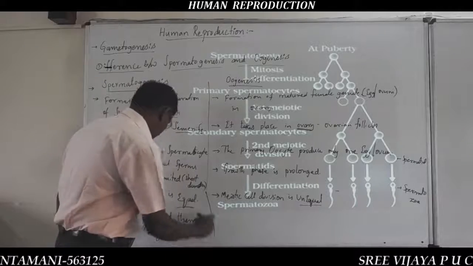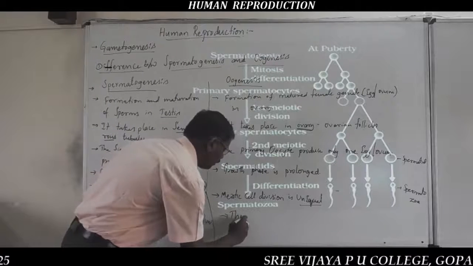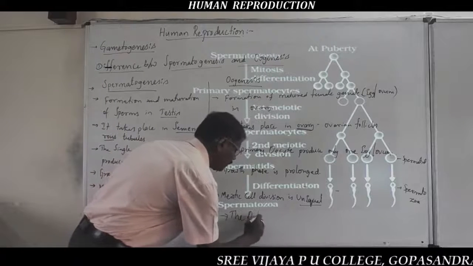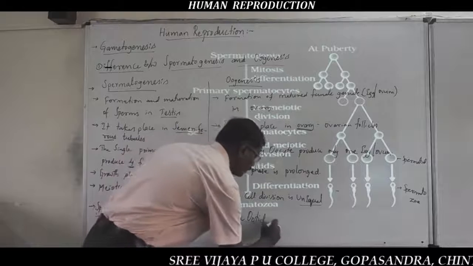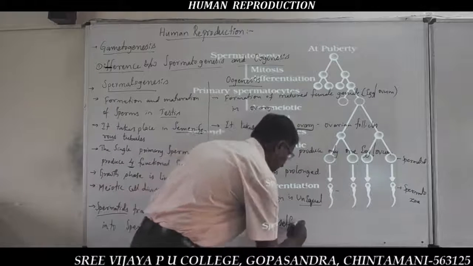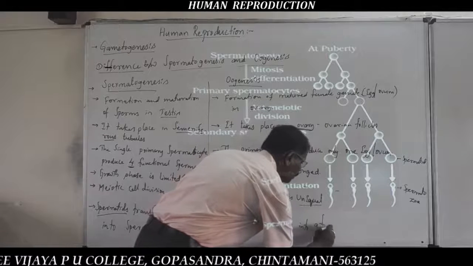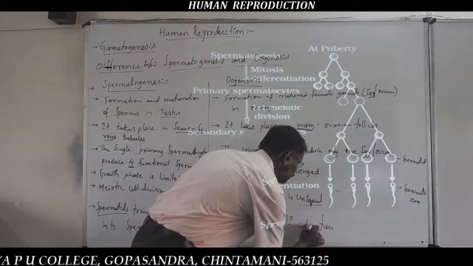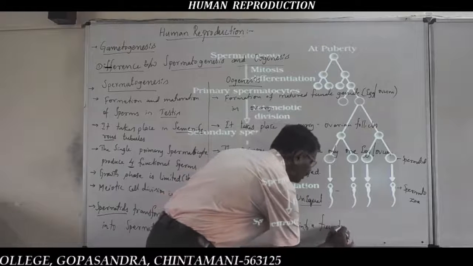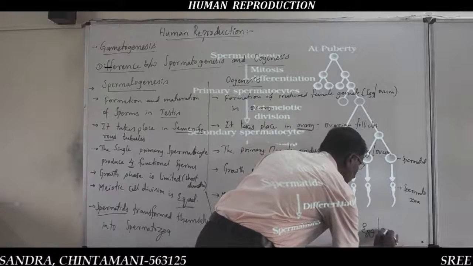But here, in oogenesis, the cell transforms itself into a functional egg or ovum.